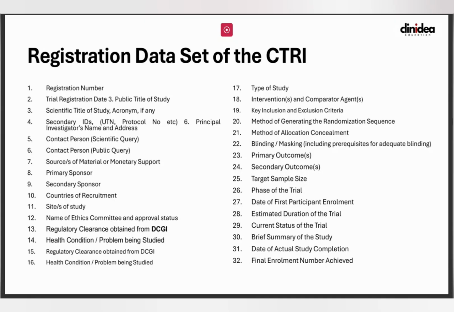Registration data set of the CTRI. This slide explains what information must be entered while registering a clinical trial in CTRI. We can think of it as a complete form, with details required for trial registration.